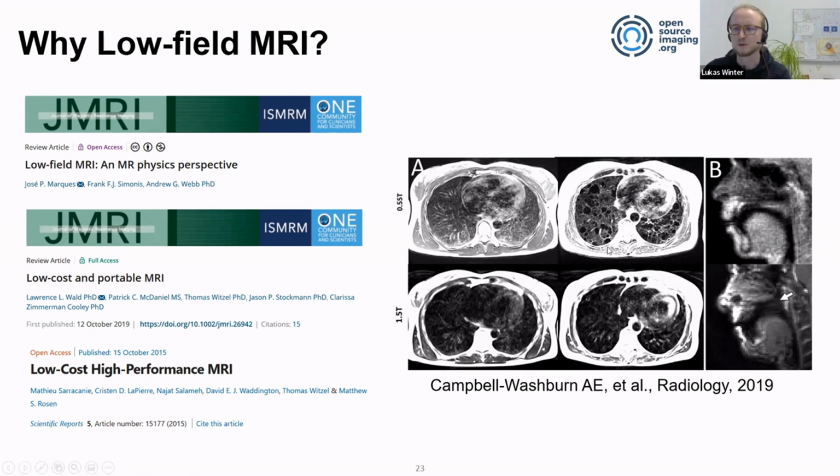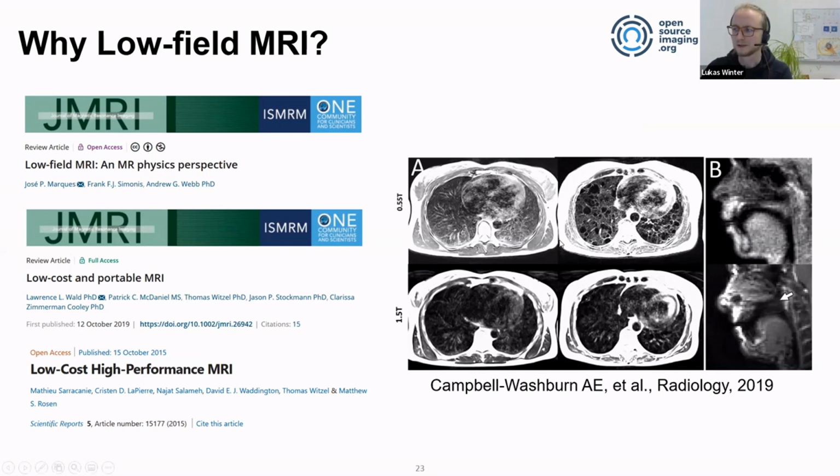Basically, there are two field strengths that are interesting. One is 0.55 Tesla, which was a very nice paper here by Campbell-Washburn. And this, for the first time, was really a comparison of high-end equipment with high-end equipment. The current clinical and research focus is on high-field MR systems, and if you do a comparison to systems where not so many resources are put in, then very often this comparison is unfortunate.